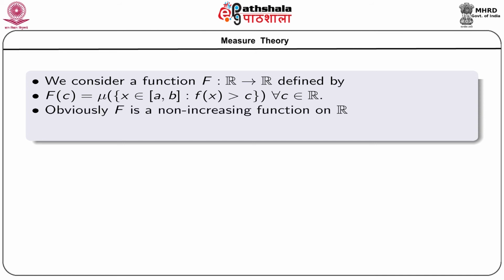Obviously, the function F is non-increasing on R, and if we take the limit c tends to minus infinity, we get F(c) equal to b − a, and as c tends to infinity, F(c) is equal to 0.